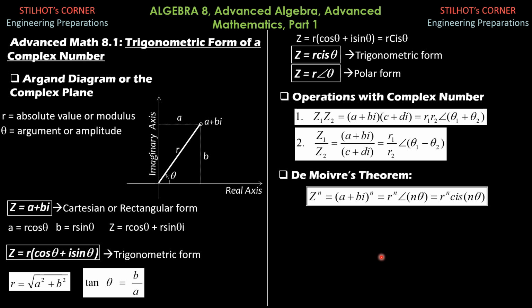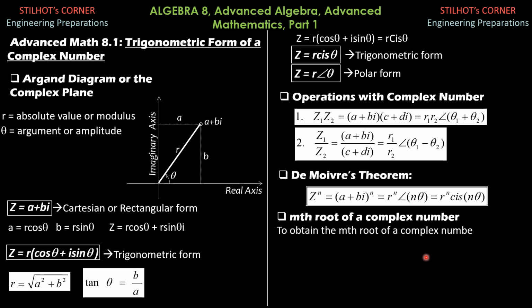Then we use this theorem in extracting the mth root of a complex number. So all you have to do is replace n by 1 over m. The modulus or the absolute value is the same except for the argument, which are separated 360 degrees over m apart, and m is the number of roots required.